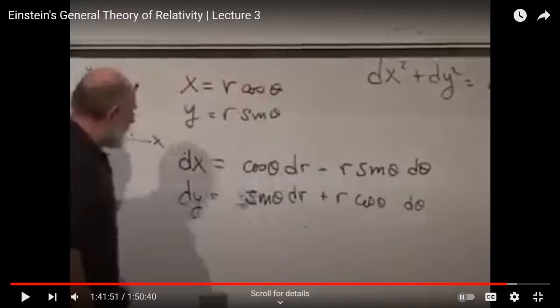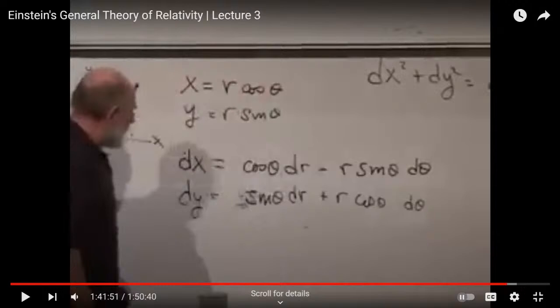The question is, what is dx in terms of the modification when r and theta are changing simultaneously? So cosine theta dr, that's fine. This is just the chain rule, times minus r sine theta.